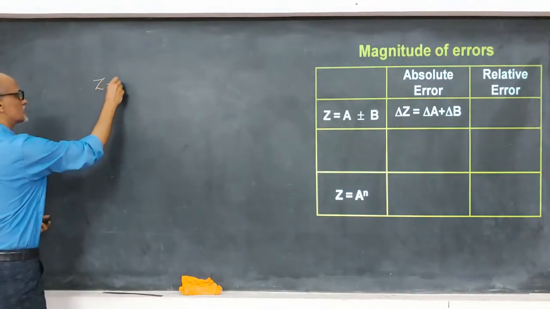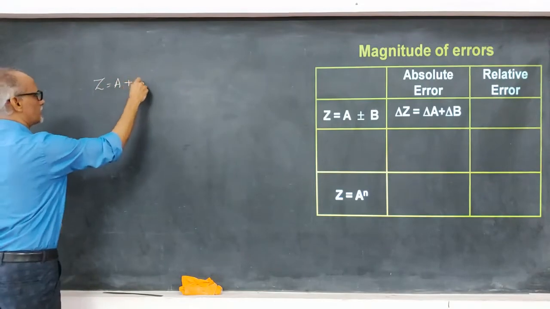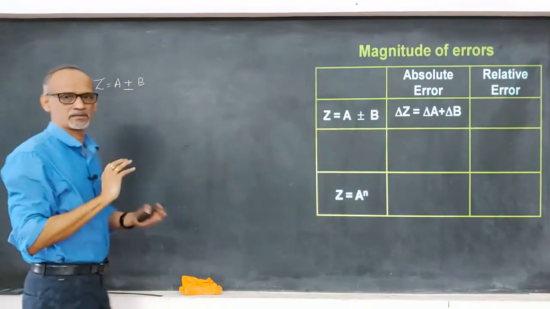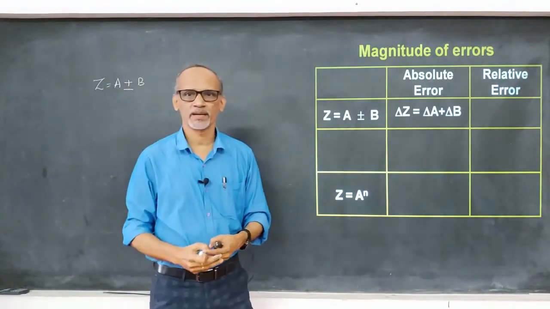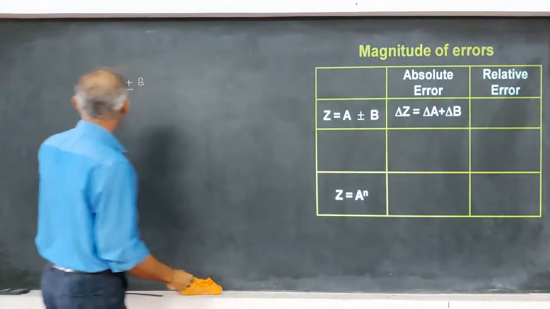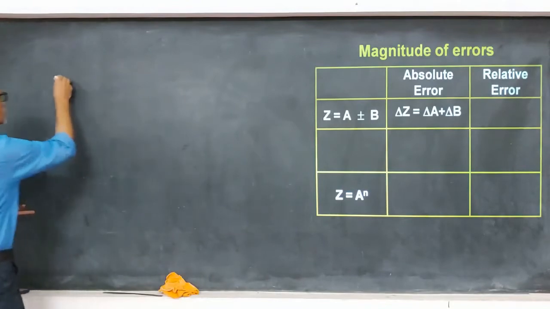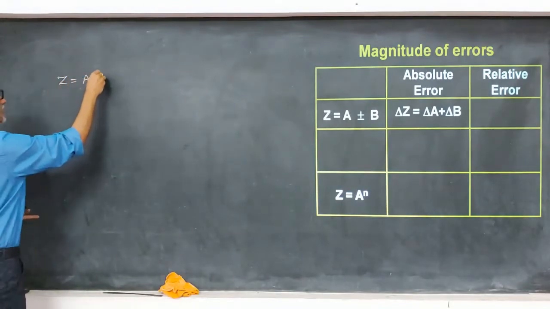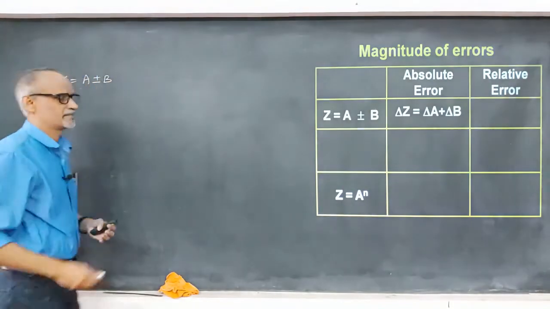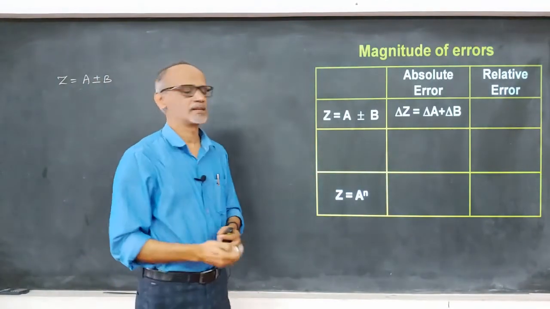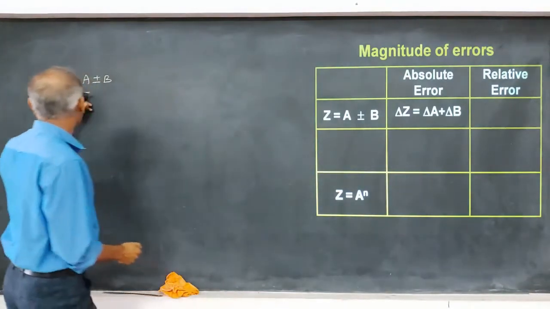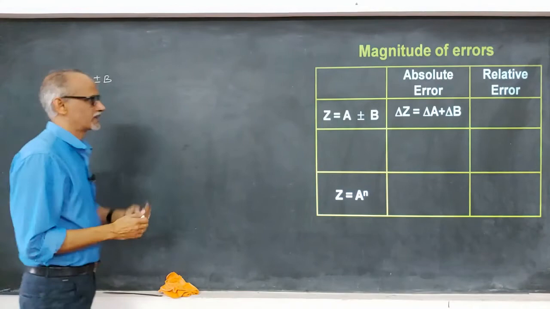Z is equal to A plus or minus B. I have combined two equations together. So, Z is A plus or minus B. That is the equation while adding or while subtracting.